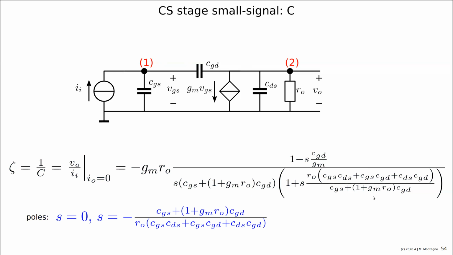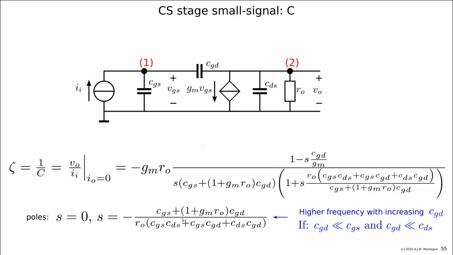Then we have a pole at 0, and we have a pole, of course, at this frequency, and 1 over RC omega. And the nice thing is here that, oh, this should be CGD smaller than CGS, and this should be CDS smaller than CGD. I will correct it in the slides.